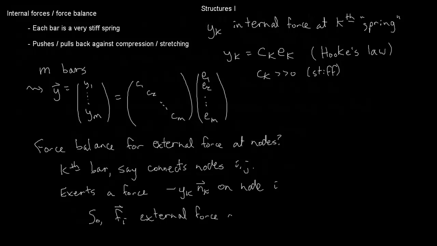So if the internal force from the kth bar at node i is this minus yk nk, and that has to balance with f, well, then Fi, the external force on the ith node, must be the same as the summation over all of the bars that are attached to node i of these quantities yk nk, the force that's being exerted on that ith node by the kth bar, added up over all of the k bars that are connected there. Let me erase this; I don't know why I wrote y as a vector, it's a scalar quantity.